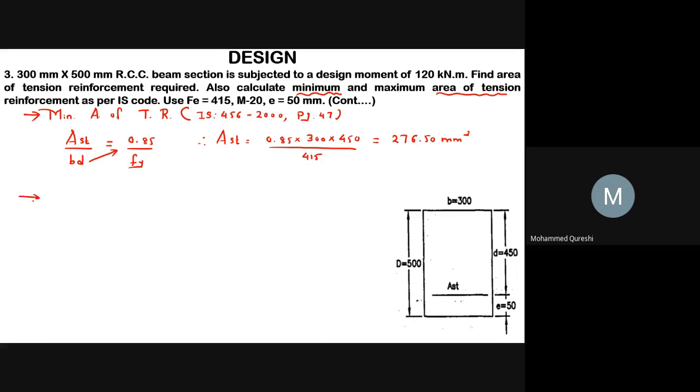Then our next step will be the maximum area of reinforcement.